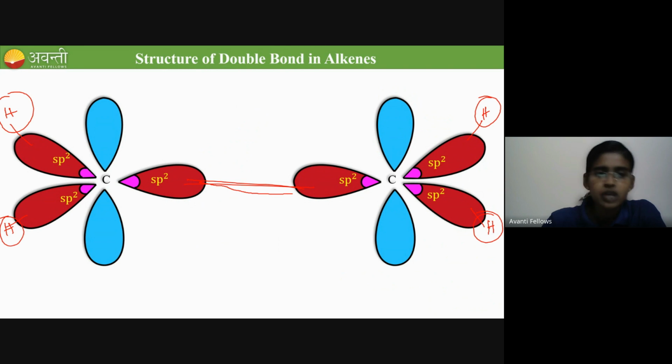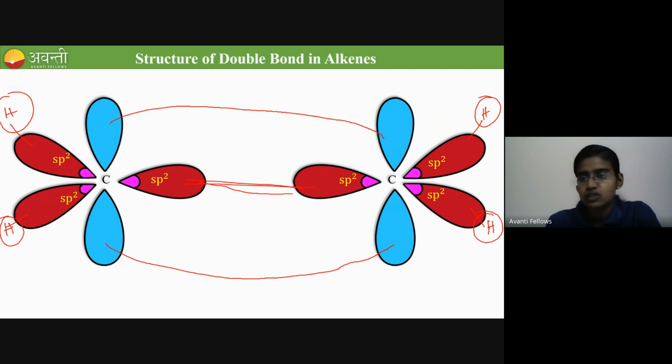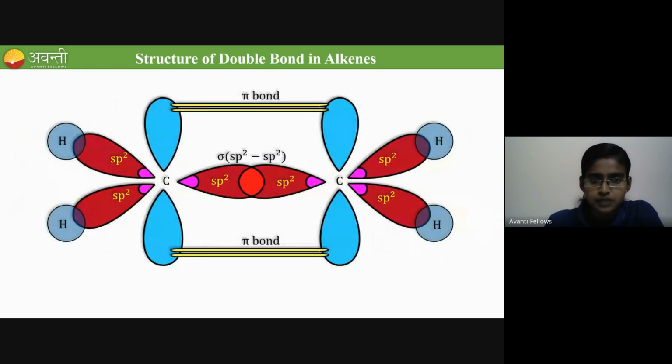And the pi bond is formed by the sideways overlapping of the unhybridized p orbitals. Got it? So you will end up with this kind of structure. In this picture, you can see the bonding clearly. These are the 3 sigma bonds of each carbon, and this is the pi bond, head-on and sideways overlapping.